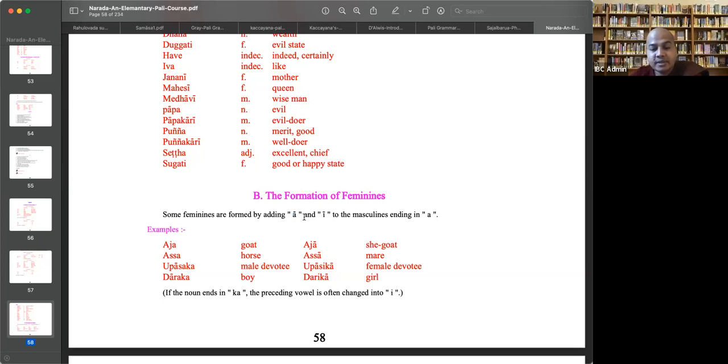But in some cases, it is more than just adding long a or long e. If you replace the last vowel with long a, with this word aja, goat becomes she-goat.